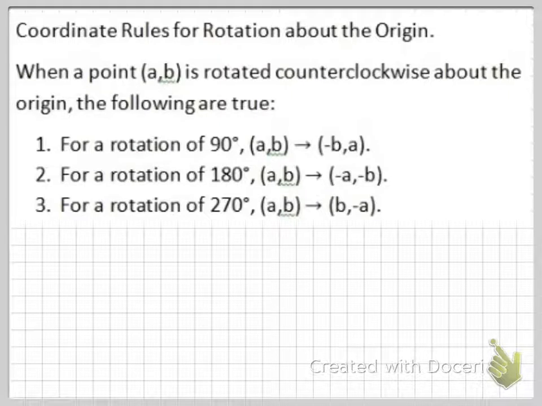When you have a point (A, B), and it's rotated counterclockwise about the origin, the following are true. For a rotation of 90 degrees, (A, B) becomes (-B, A). So if you had, say, the point (1, 2), it would become (-2, 1).